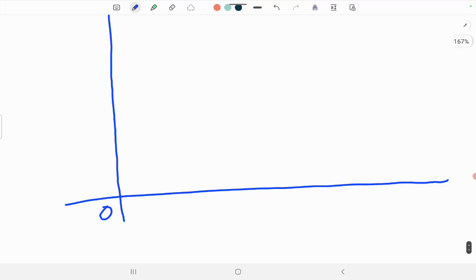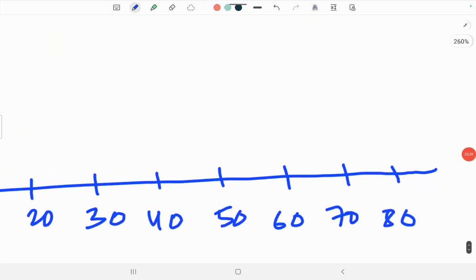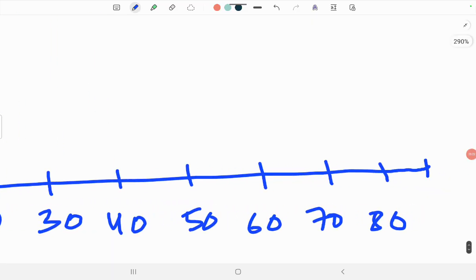Let's divide it into 10 parts: 0, 10, 20, 30, 40, 50, 60, 70, 80, 90, and then 100.